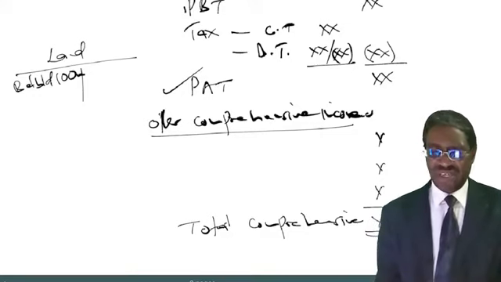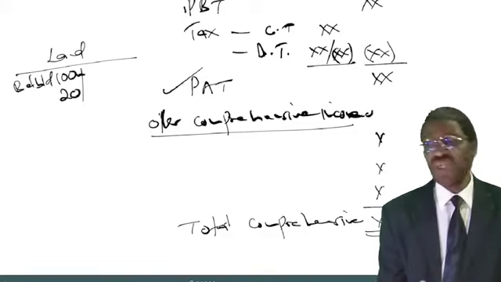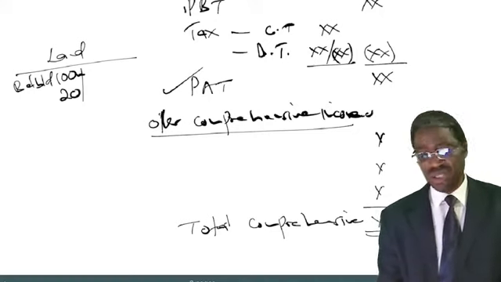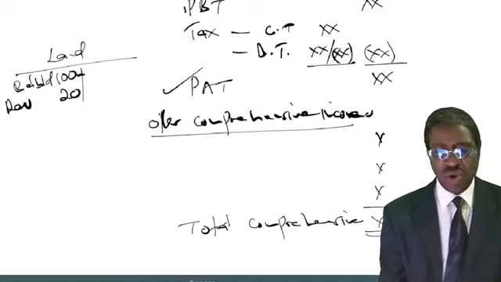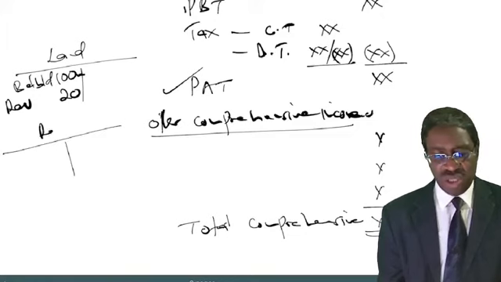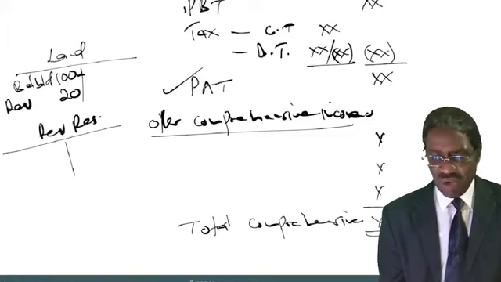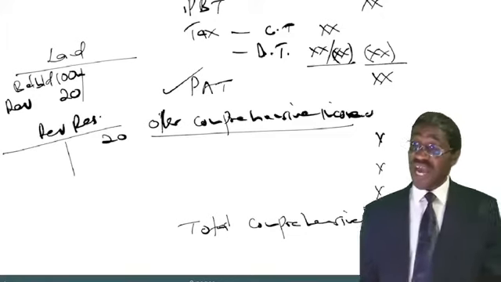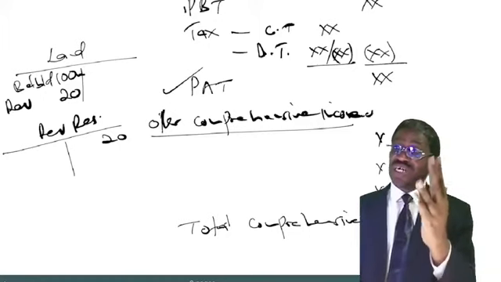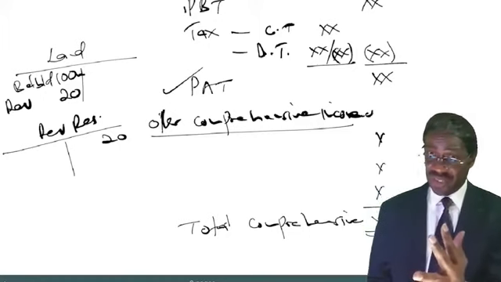It's obvious the double entry would be you debit land by 20 million and you credit an account called revaluation reserve. That's the double entry. You debit the asset, you credit revaluation reserve.